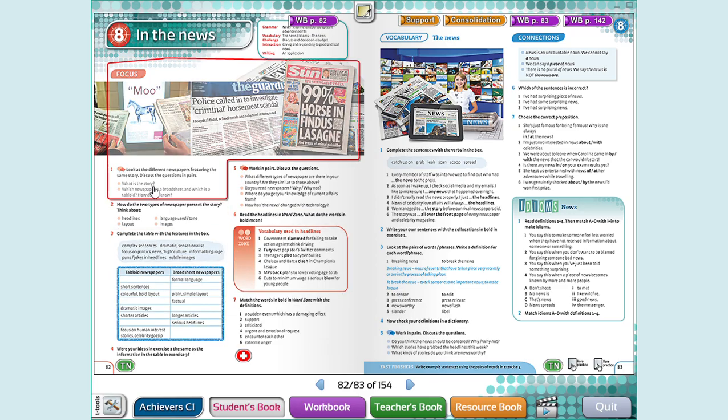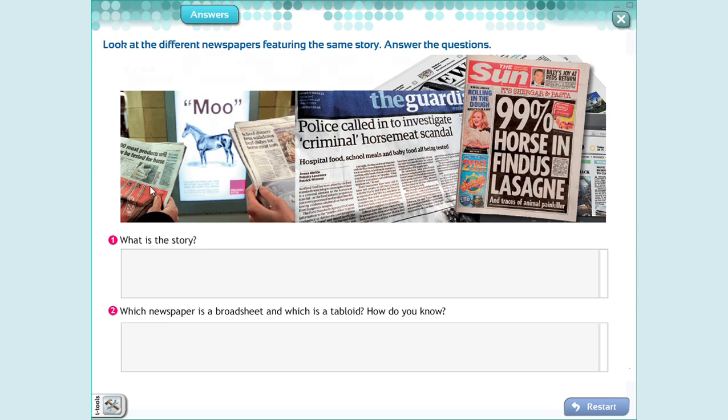You can address your attention to exercise number 1, where you have some pictures about some newspapers, some tabloids. The instructions mention: look at the different newspapers featuring the same story. Answer the questions.